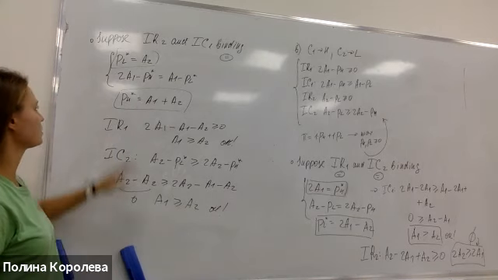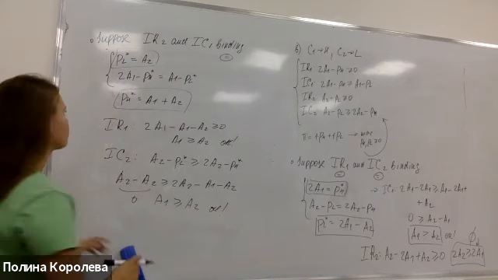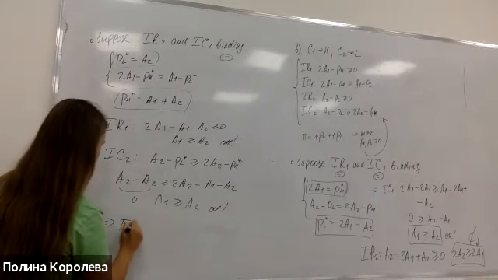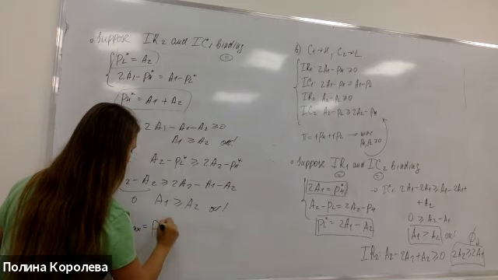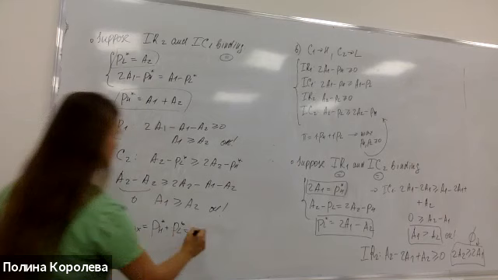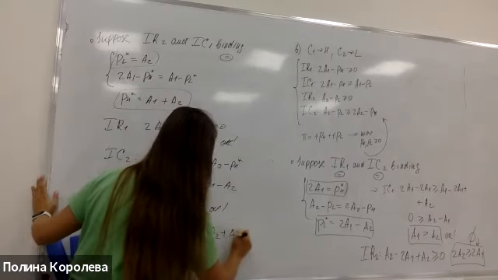That's why we can make the conclusion that these are our two optimal prices. That's why our maximum profit should be equal to the sum of two prices. And this is A1 plus A2 plus A2.